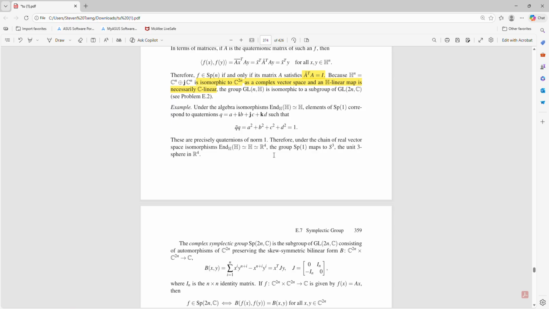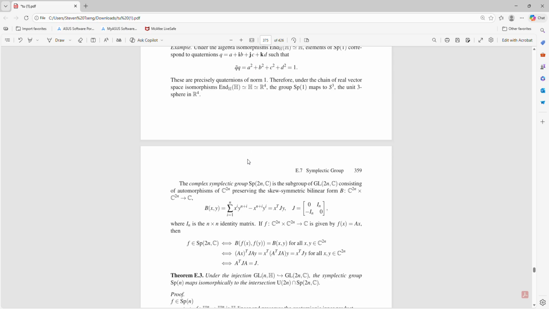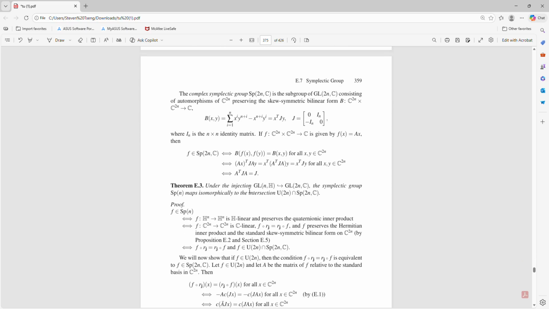So if we use the property that H is isomorphic to R^4, then we can get that the symplectic group in one dimension is isomorphic to S^3, the unit sphere in R^4.